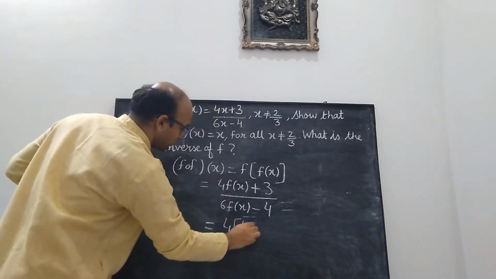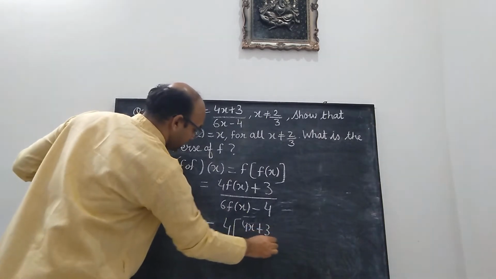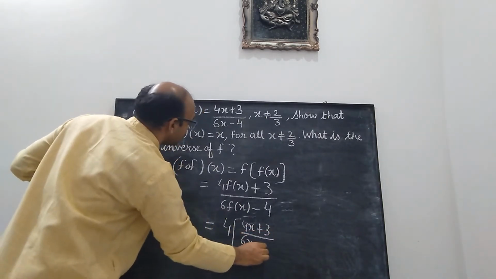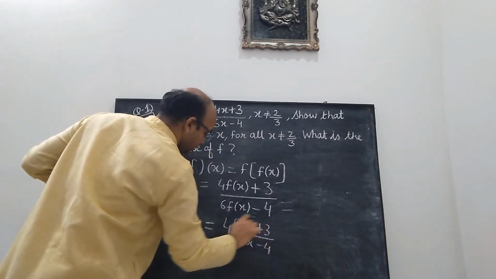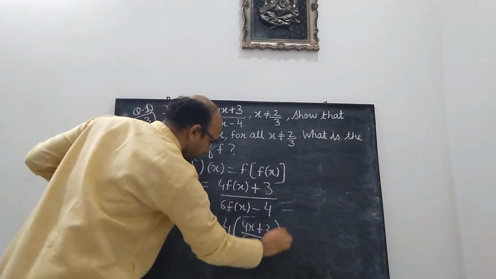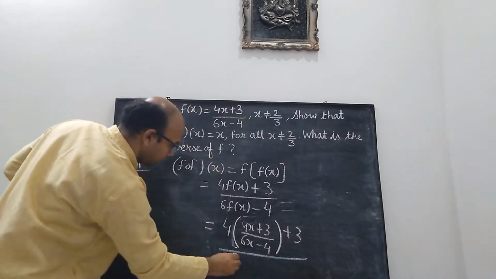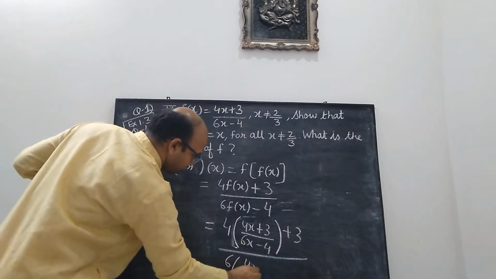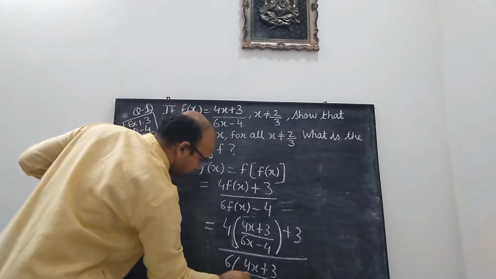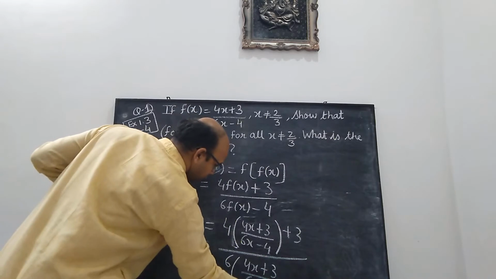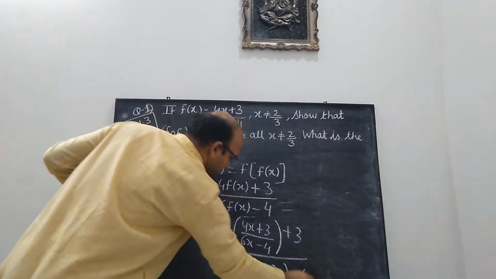Now we substitute what is f(x). f(x) is (4x plus 3) upon (6x minus 4). We can use this bracket: 4 times (4x plus 3 upon 6x minus 4) plus 3 upon 6 times (4x plus 3 upon 6x minus 4) minus 4.